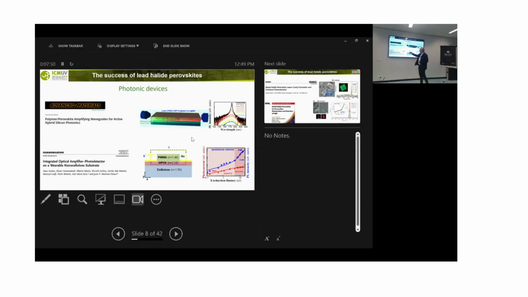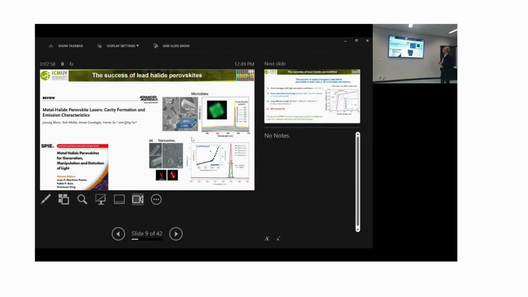We have even developed and integrated the concept of an optical amplifier and a detector, and also lasers.